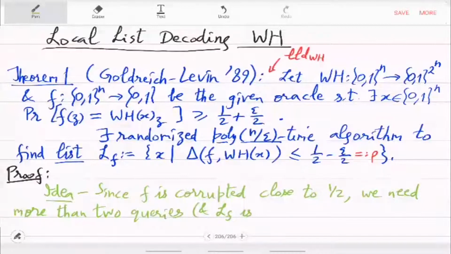And LF is not a singleton, LF is long. So there are many x's basically. So what we will do is make many correlated queries.